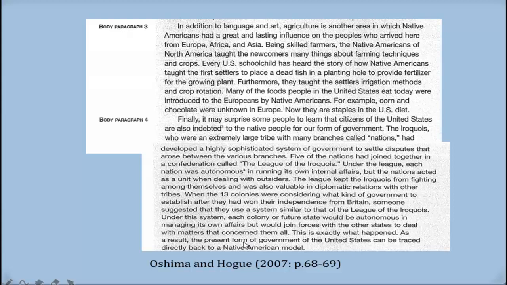And until the end, the Native American model. So, as a result, the present form of government of the United States can be traced directly back to a Native American model. Okay, this is taken from Oshima and Hogue, pages 68 to 69.